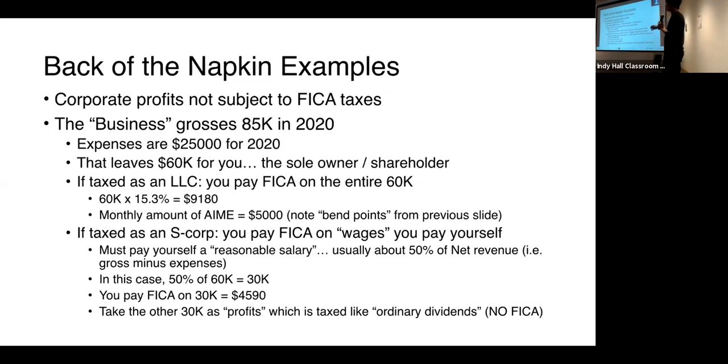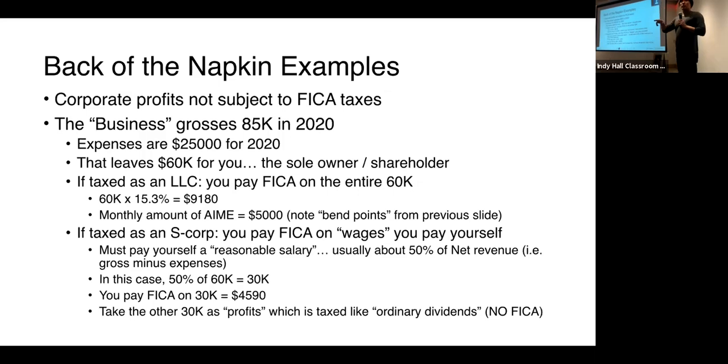So that's 60, you have to pay yourself 50% wages. That $30,000 in wages, you pay FICA on that, it's half the number. So you're only paying $4,500, right? So you get to keep that other $4,500 because you took it as distributions and you pay taxes on that like ordinary dividends, not wages. So you save on those FICA taxes. Still pay your income taxes though.